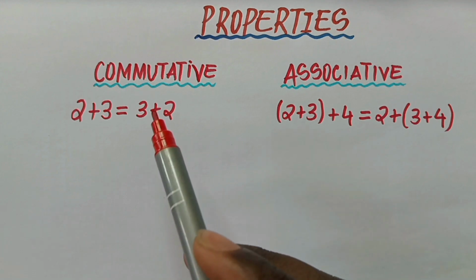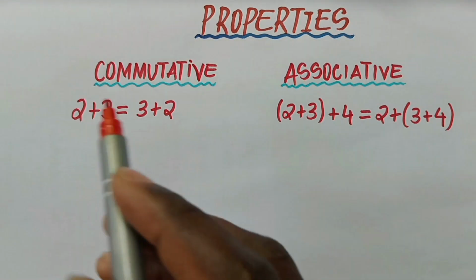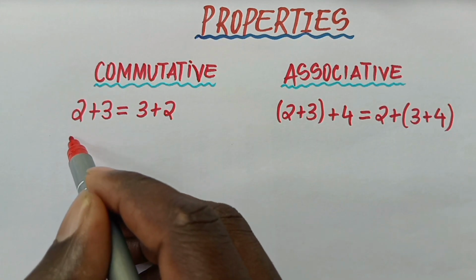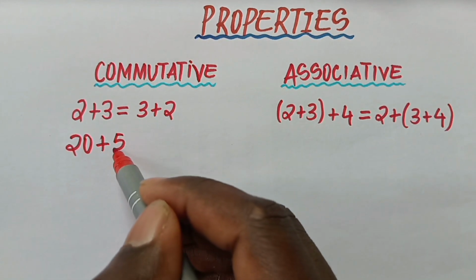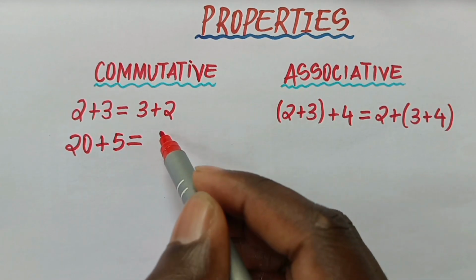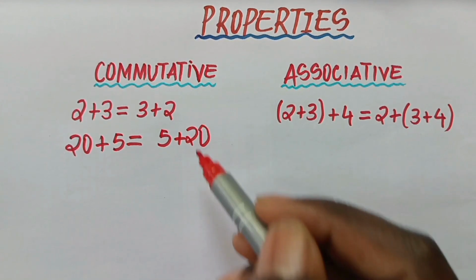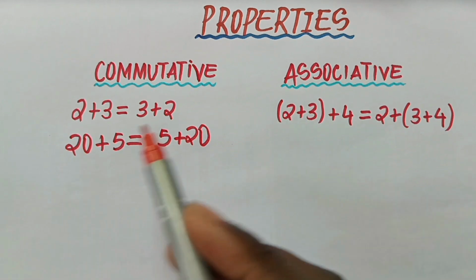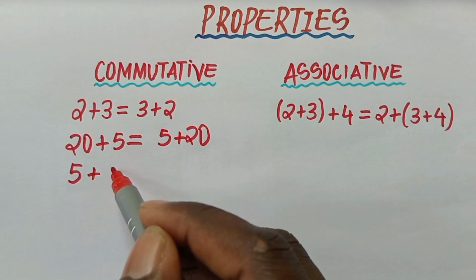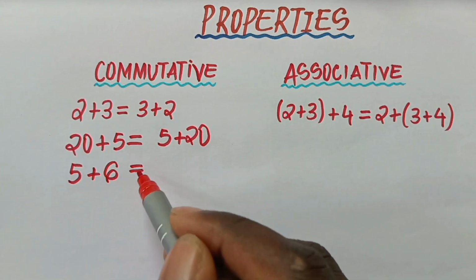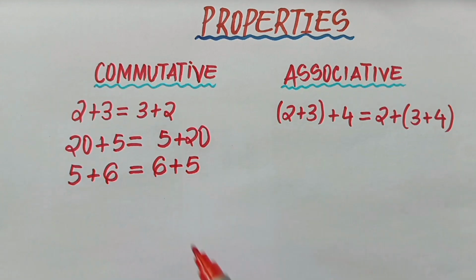If you didn't get commutative, I'm going to show you with other examples. For example, 20 plus 5 is the same as writing 5 plus 20. And another example: 5 plus 6 is the same as writing 6 plus 5.